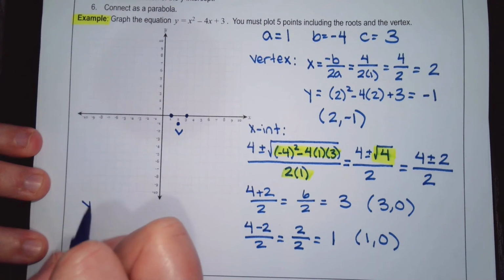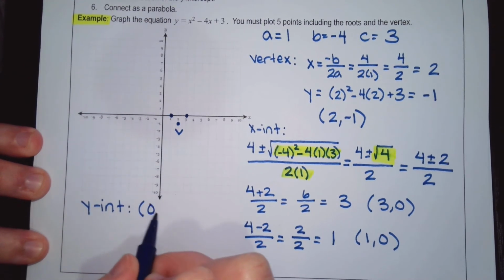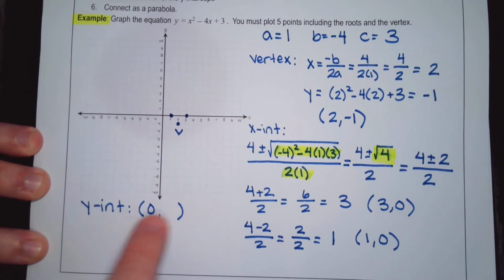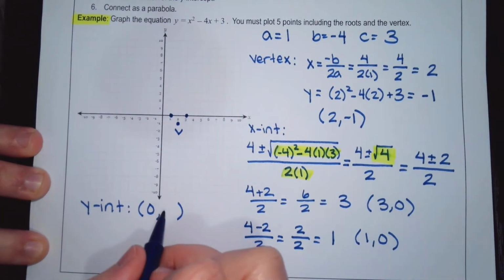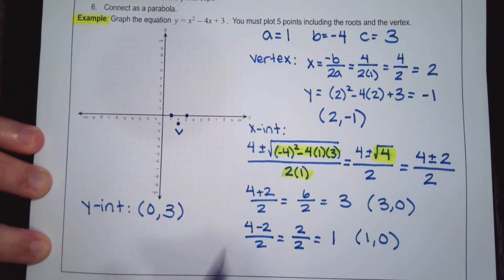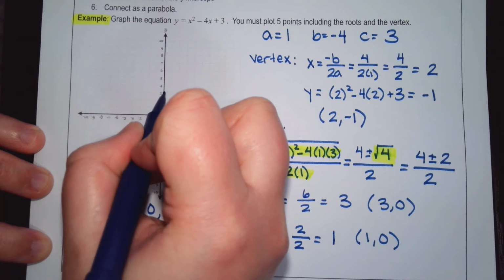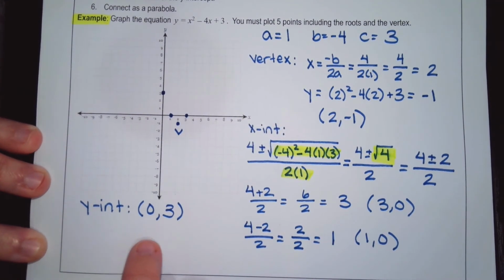Our next step is identifying the y-intercept. Remember, the y-intercept is going to be 0, our c value. Our c is 3. So that is our y-intercept, 0, 3. So now we have to do the reflection of 0, 3.